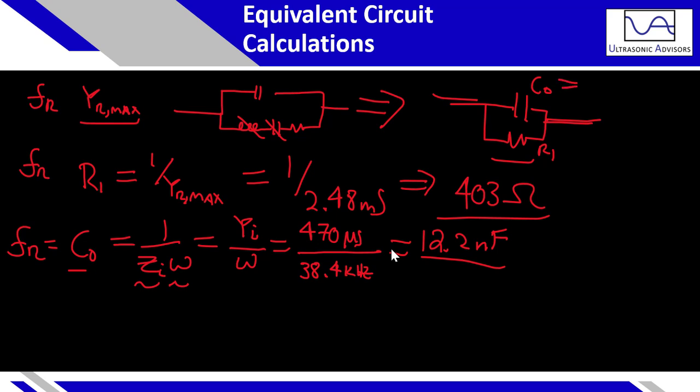So we have, again, now 12.2 nanofarads, and we have 403 ohms. So we've successfully calculated two of these parameters in the equivalent circuit here.